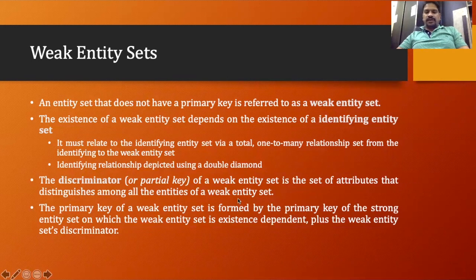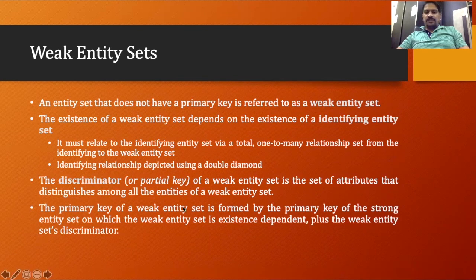Because we didn't find any primary key, we make a combination of one or two attributes, and we say these are the discriminator or the partial key.